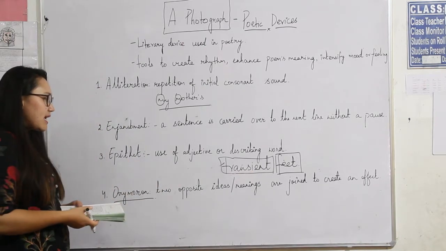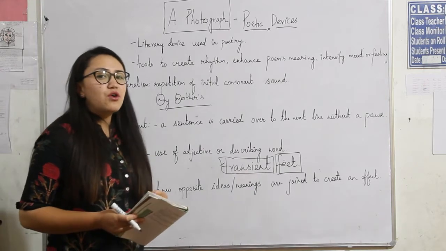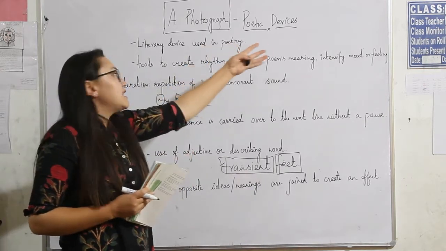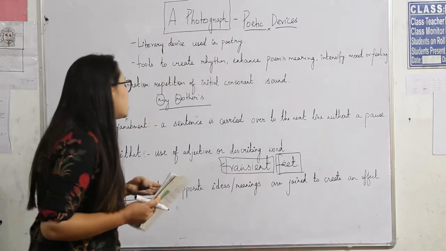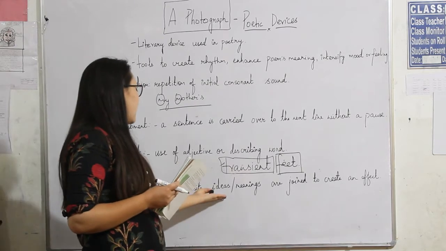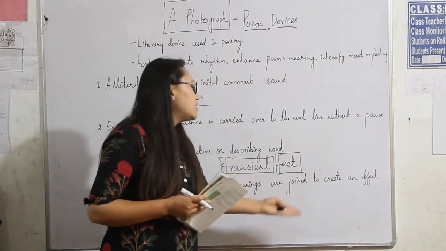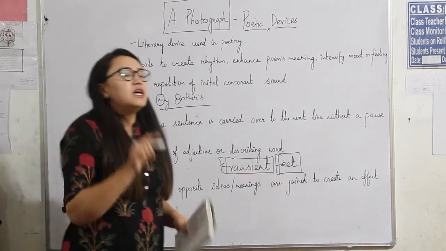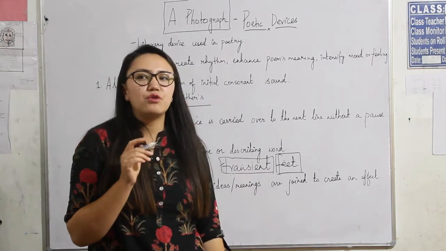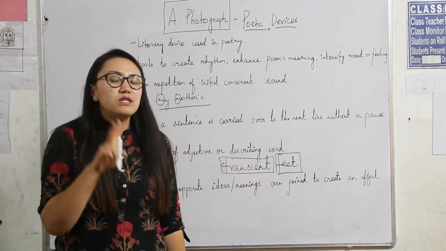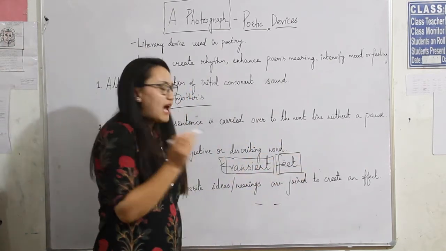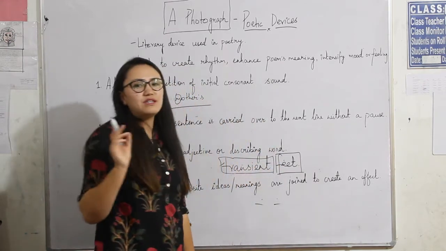Oxymoron. Now what is oxymoron? Oxymoron is a literary device which has 2 opposite ideas or meanings that are joined to create an effect. So when the poet uses an oxymoron, he uses 2 words which have opposite meanings.